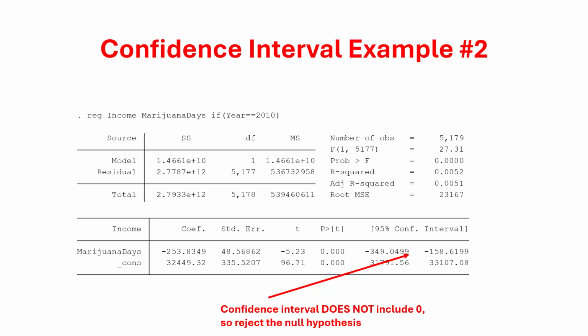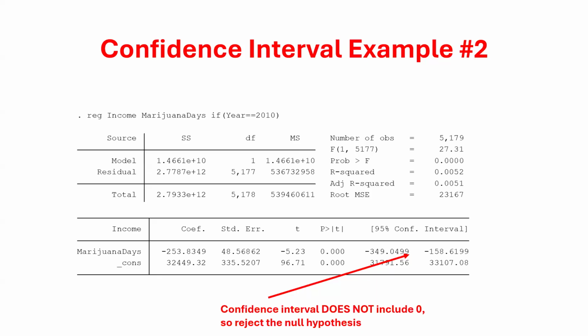Any assumed true value outside of this range, we're primarily focusing on zero, but I could say negative 100, it's outside my range. So if I did a hypothesis test for the true value being equal to negative 100, I would reject. It's not a possible true value because it's not in my confidence interval. Okay. Any other questions on this idea?